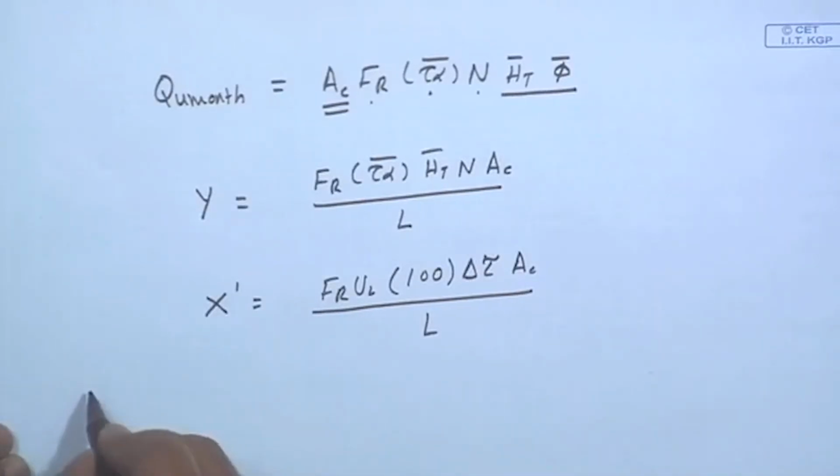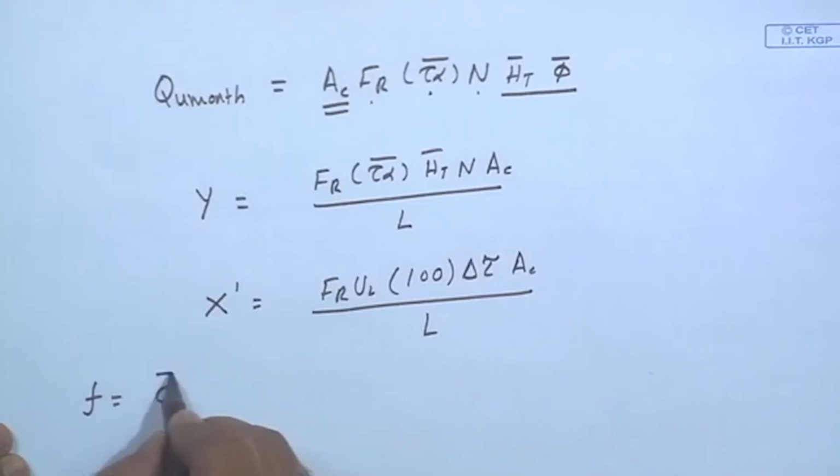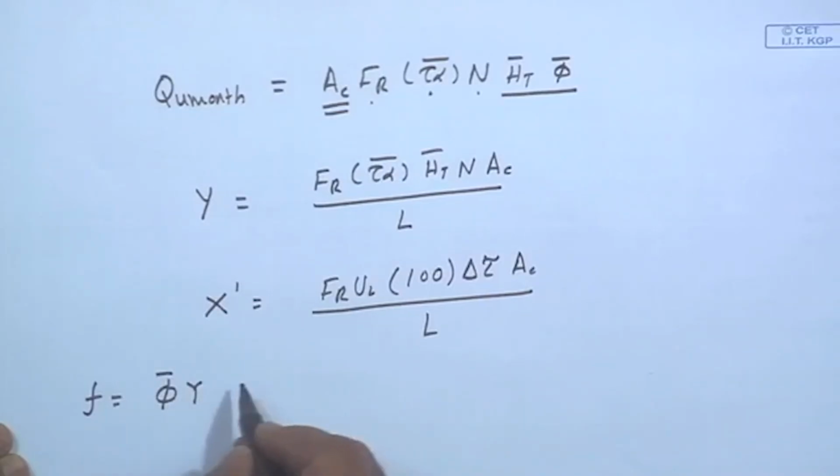So, after a number of simulations, Klein and others have correlated the monthly solar load fraction to phi bar max Y. I will tell you why it is called max.